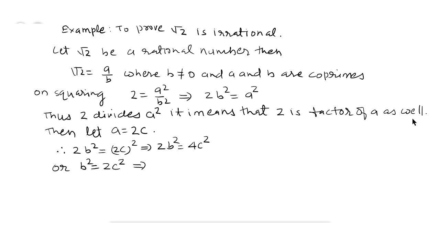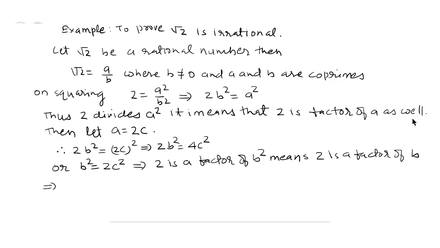This implies that 2 is a factor of b square, means 2 is a factor of b as well by the fundamental theorem of arithmetic. This implies that 2 is a factor of b, and 2 is also a factor of a as proved earlier.